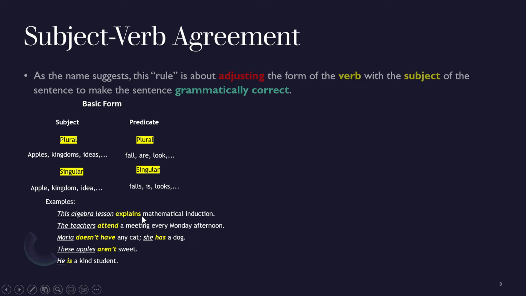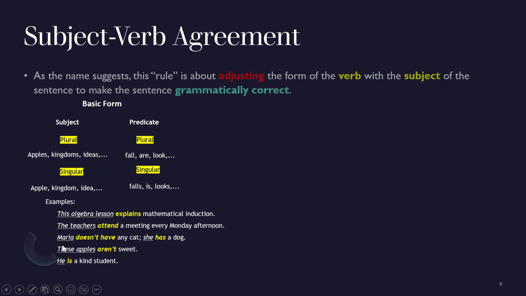And look at the second example. The teachers attend a meeting every Monday afternoon. How many teachers are there? More than one, right? There are more than one teachers. So, the correct predicate or the correct verb is in the form of plural. That is, no s, without s.